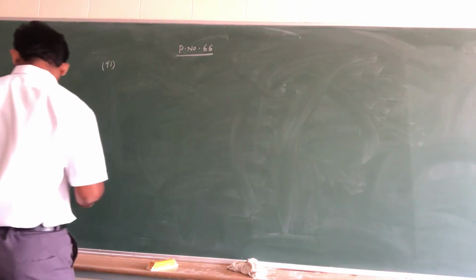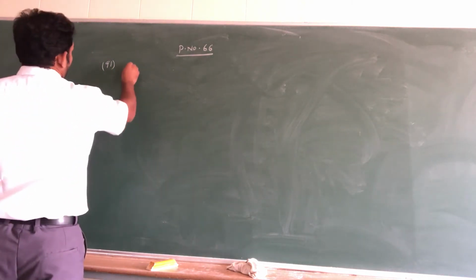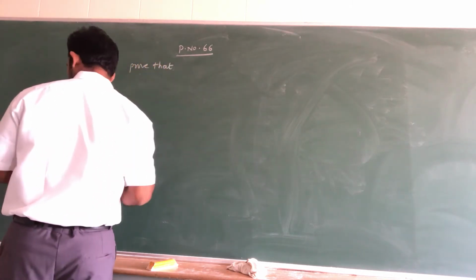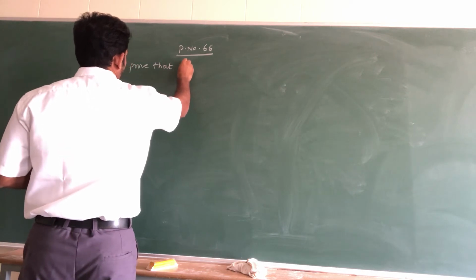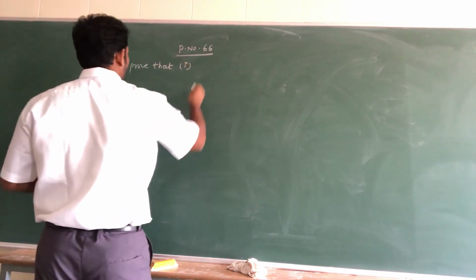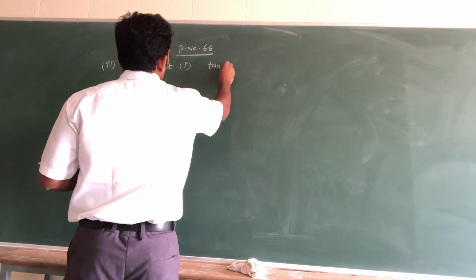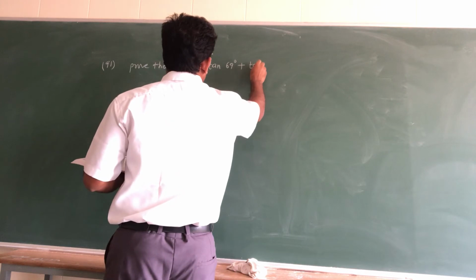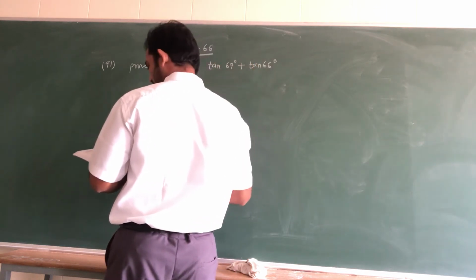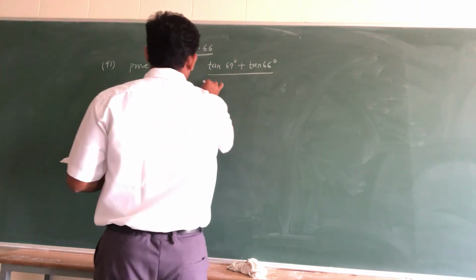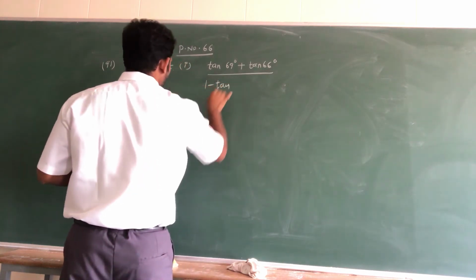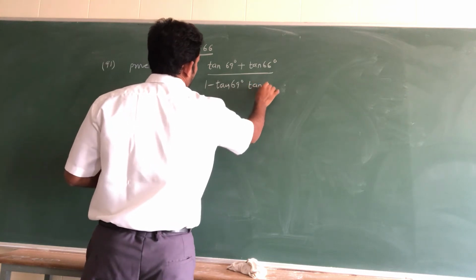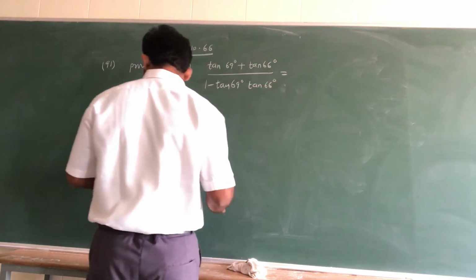Prove that, first question, tan 69 degrees plus tan 66 degrees divided by 1 minus tan 69 degrees tan 66 degrees is equal to minus 1.